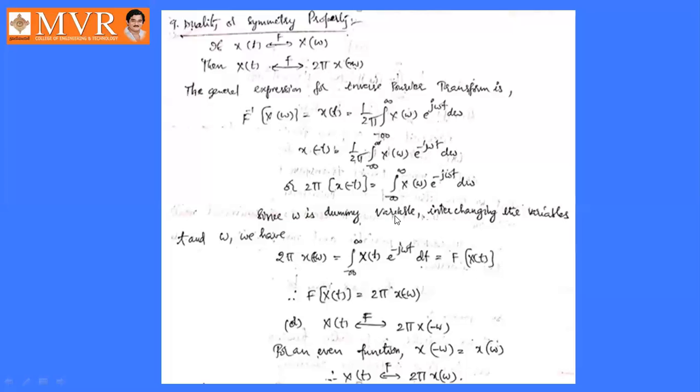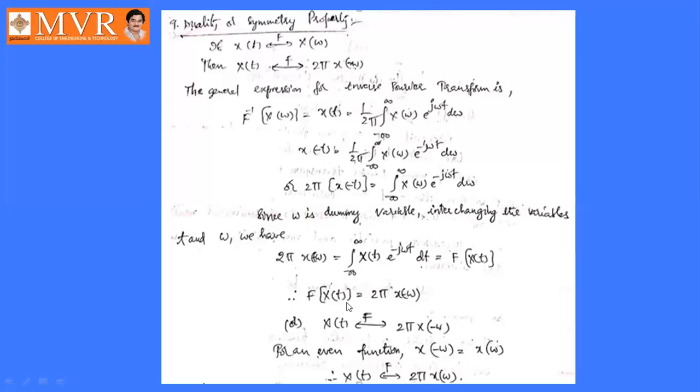Since omega is a dummy variable, interchanging the variables t and omega, we will get 2 pi into x of minus omega, meaning t is replaced by omega, and in the integral from minus infinity to infinity, omega is replaced by t. So X of t into e power minus j omega t dt. This is nothing but our Fourier transform of X of t.